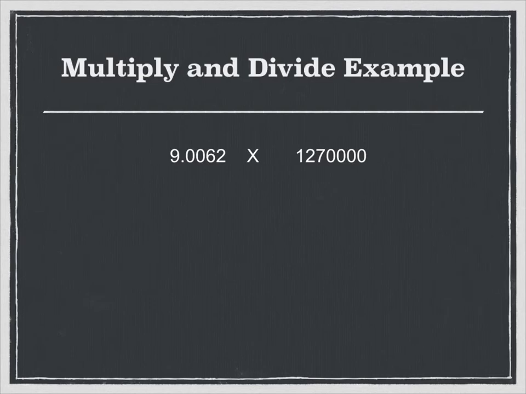So when you do your calculation, you get a value of a really large number, 11,437,874. Now that is a very large number, and we have to reduce it to 3 significant figures.